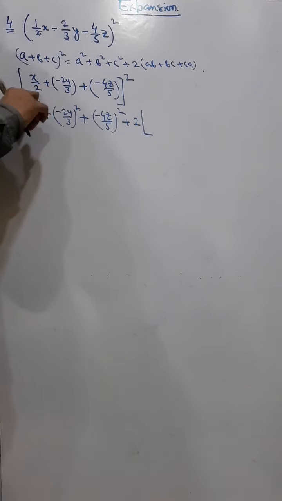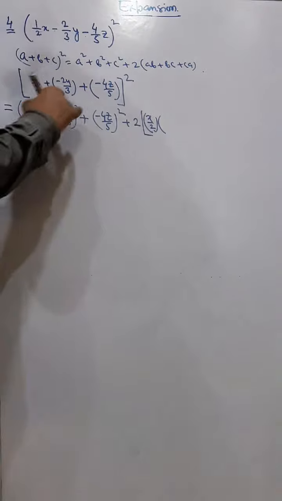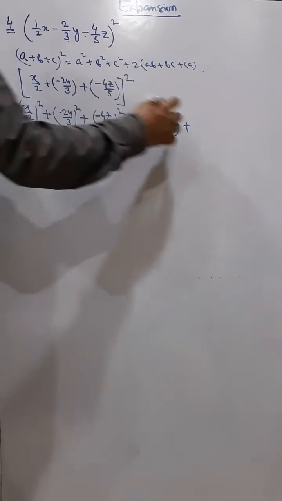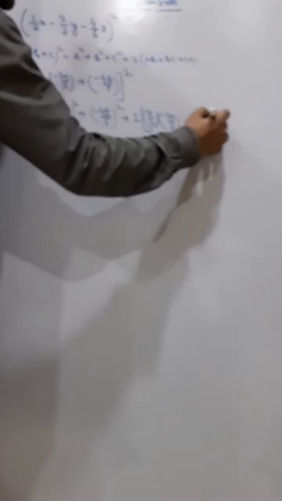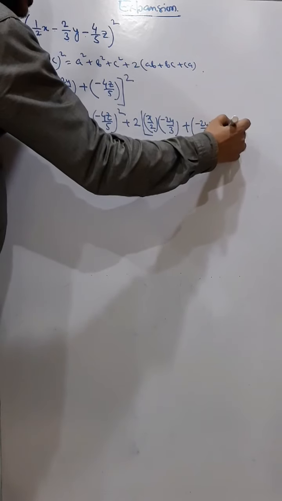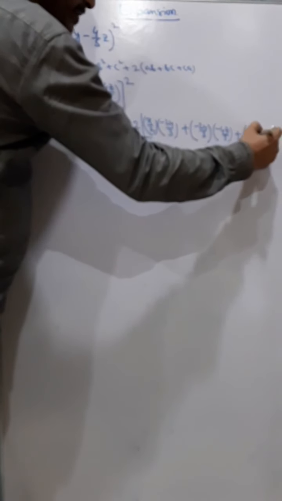So ab means this into this, so that is x by 2 into minus 2y by 3. So this is ab. Then what we have, plus bc. bc means this into this, so b means minus 2y by 3, and c means minus 4z by 5, and then plus ca. So ca means minus 4z by 5, and a means x by 2.